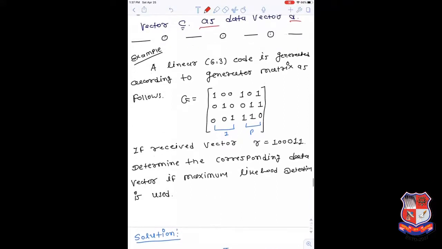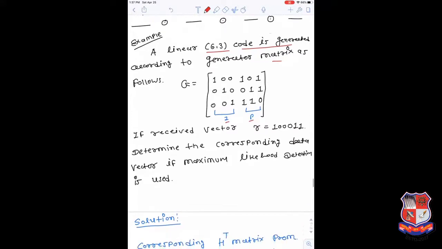Now there is one example, in which we try to see how all these things work together. There is a linear block code, a (6,3) code, and let us assume the matrix G is given like this. The first part is the identity matrix, and the remaining part is known as the parity matrix.